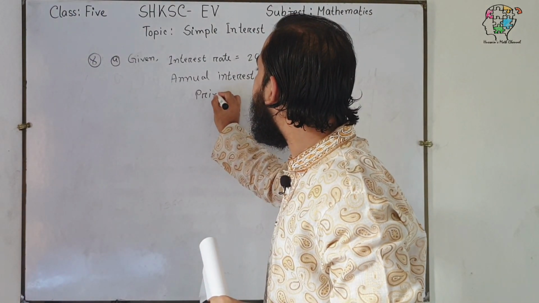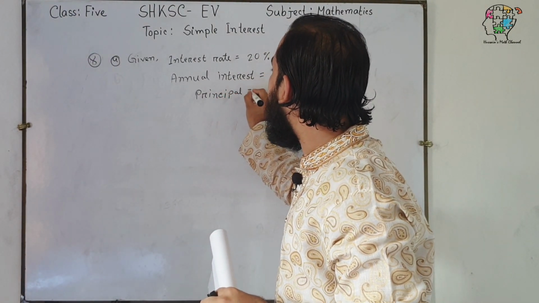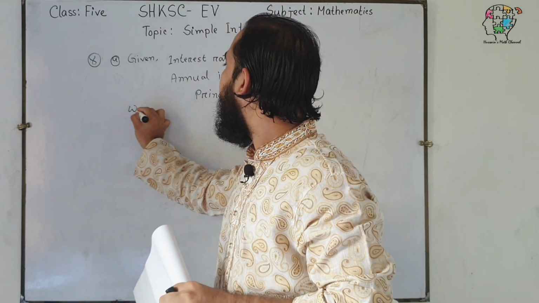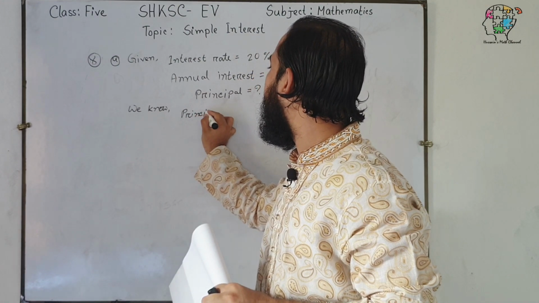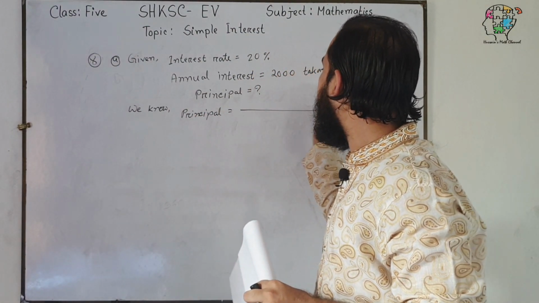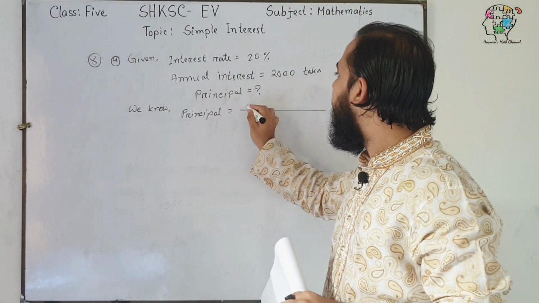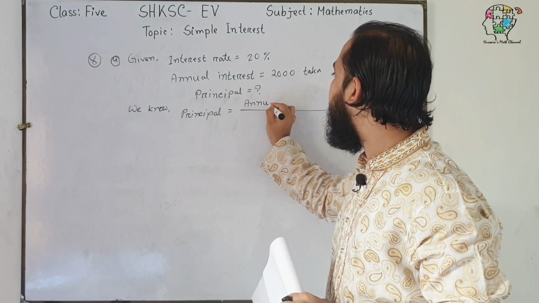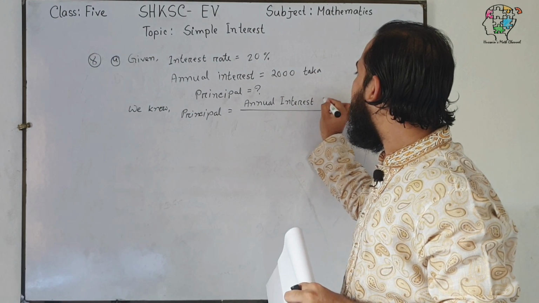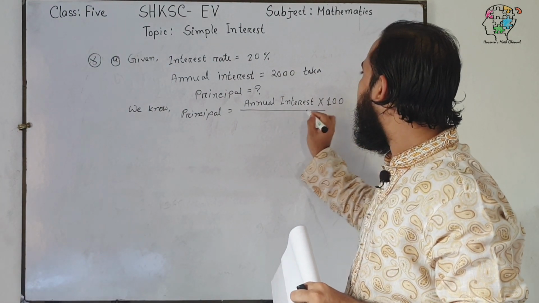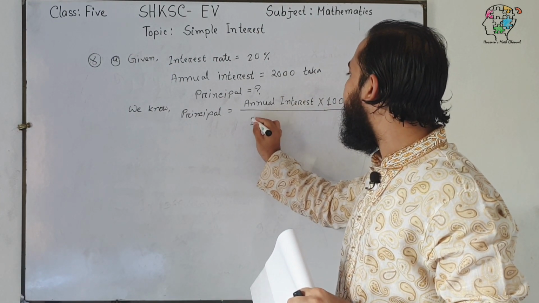So principal is equal to what? We can write the formula to find the principal. Principal is equal to annual interest times 100 divided by interest rate.